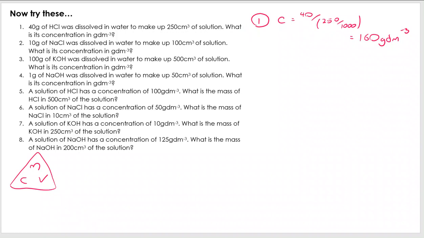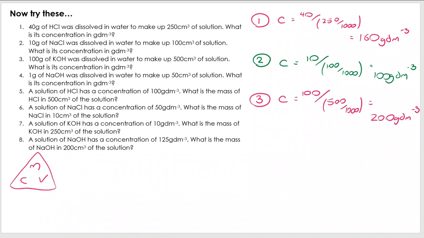On that one, I get 160 grams per decimetre cubed. On this one, 10 divided by, not 100, but 100 over 1,000. That gives me 100 grams per decimetre cubed. And I carry on through the remainder, as you can see here. So number 3, 200 grams per decimetre cubed. Number 4, 20 grams per decimetre cubed.